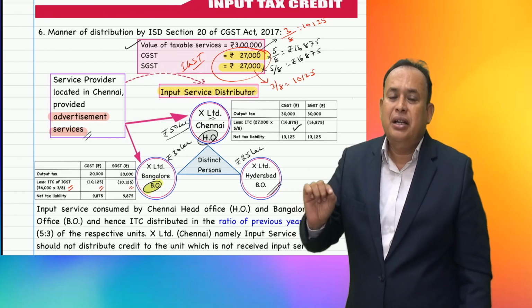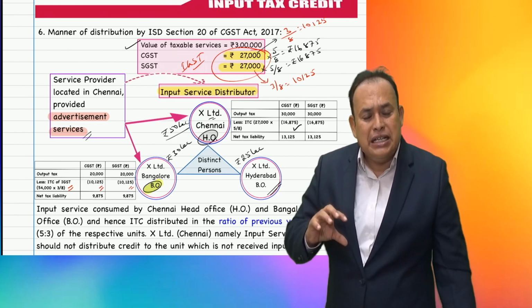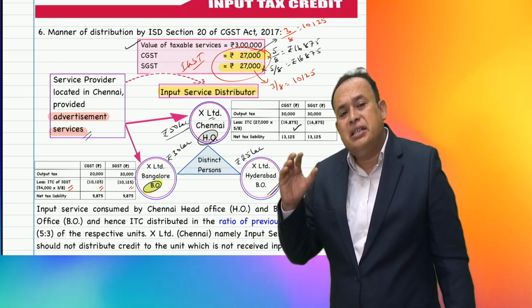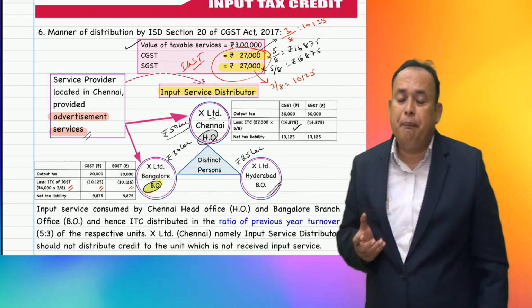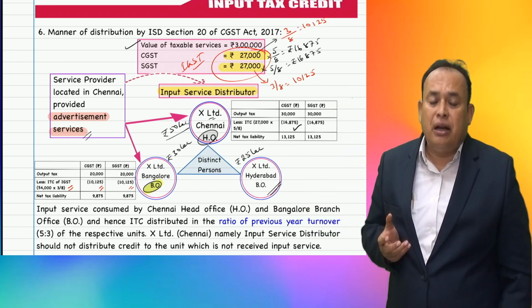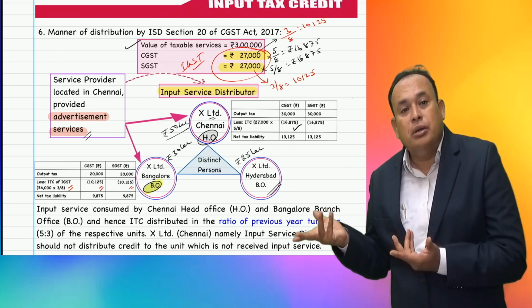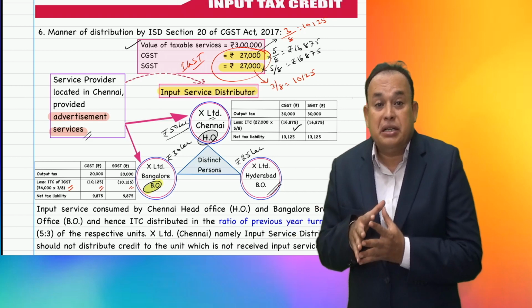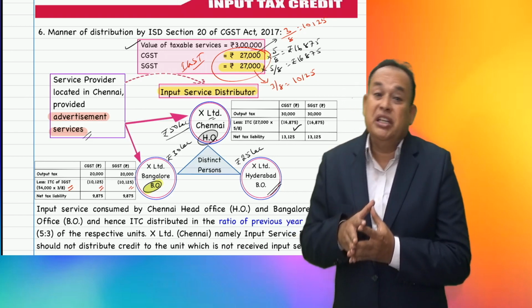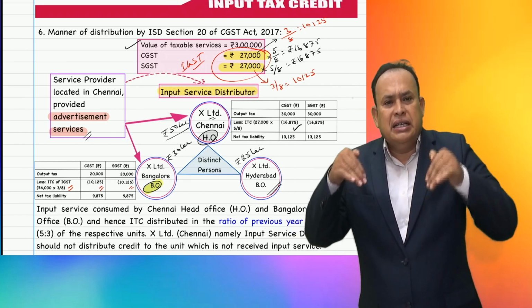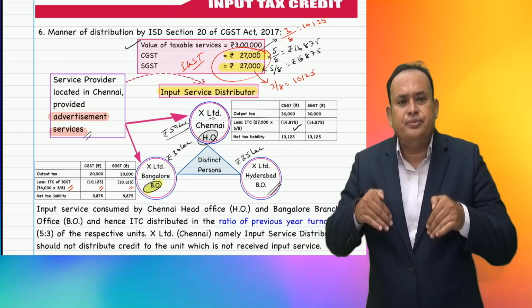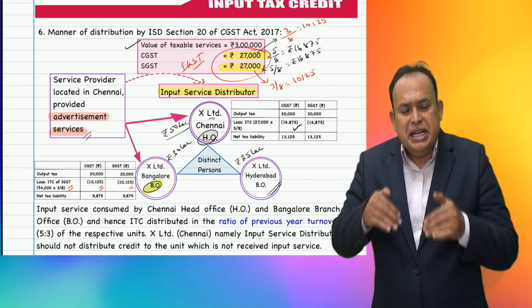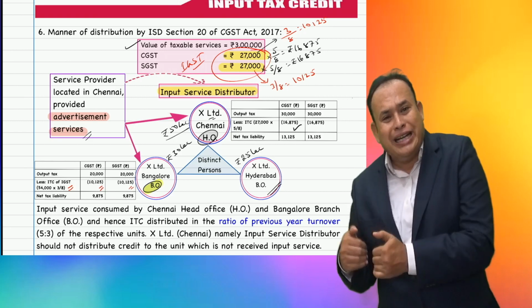But what happens in the case where the previous year aggregate turnover is not available? Oh, previous year turnover not available? Yes sir. In that case, don't worry. In the current financial year, you take the immediately preceding quarter turnover.